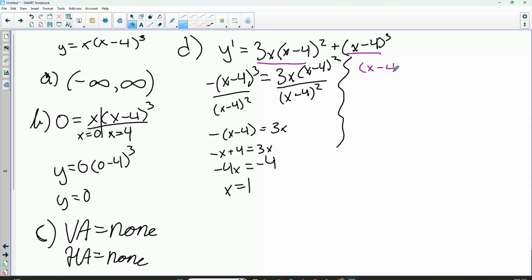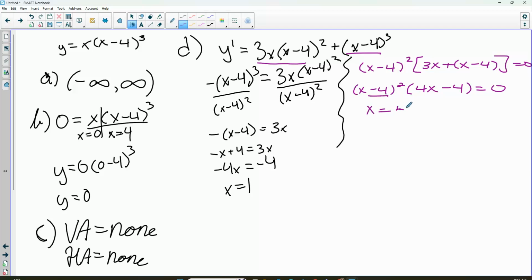So if we took out x minus 4 squared, that leaves us with 3x plus x minus 4. So then that's 4x minus 4. So if we set each parenthesis equal to 0, we get 4 and 1. So there's actually 2 critical points.